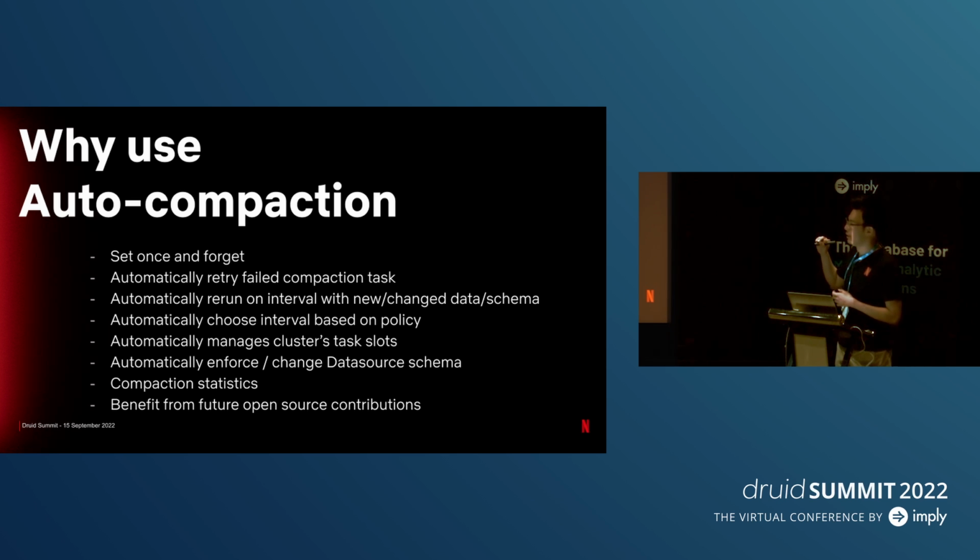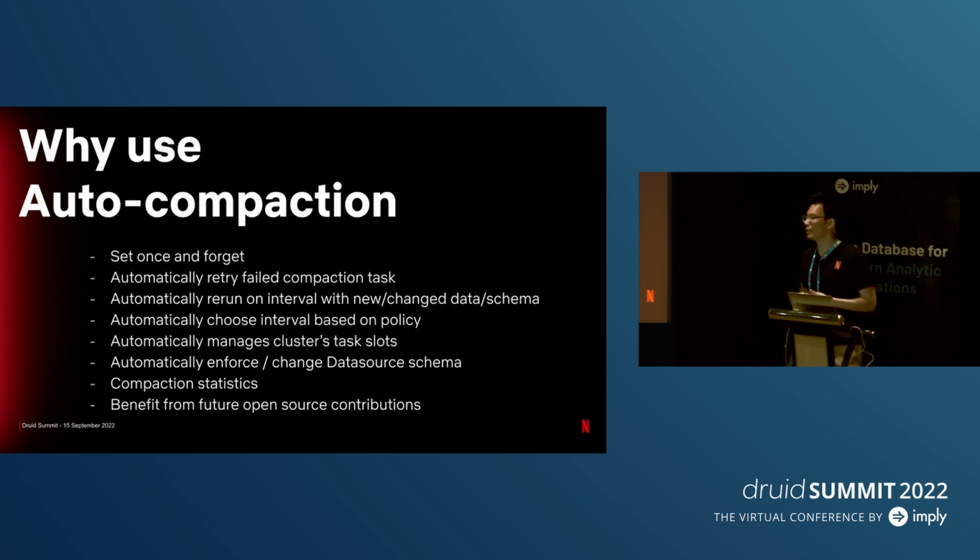It can choose intervals based on policy. Right now there's only one policy, but we'll go over that a little bit later. It can manage cluster task slots. As in the previous slide, we can set up guardrails on how many task slots it can use. This can ensure that you won't starve your streaming ingestion, which is important because it's real time and has a higher priority.